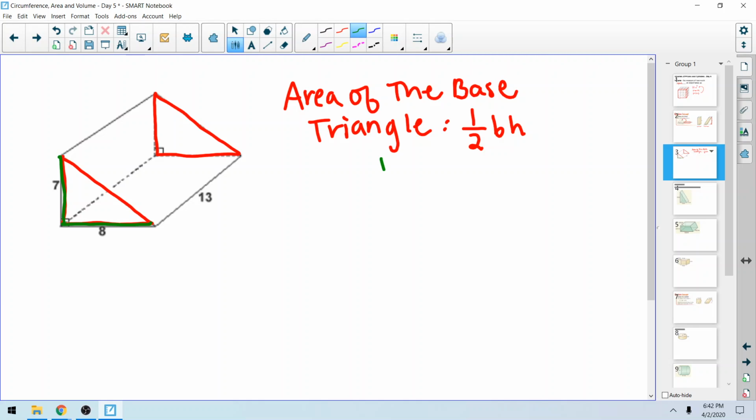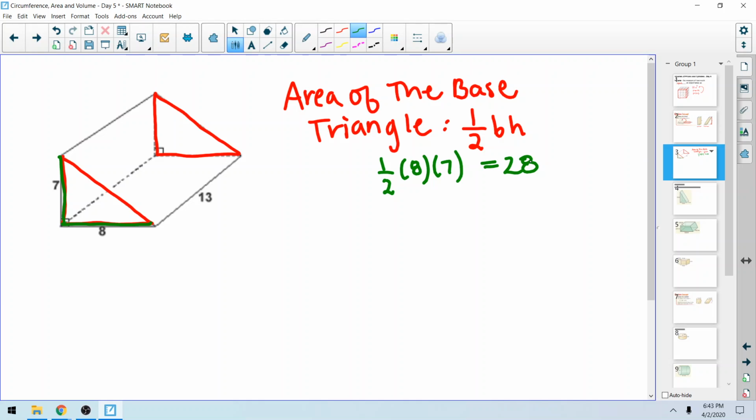So I'm going to do 1/2 times 8 times 7. Grab your calculator. 1/2 of 8 is 4 times 7. Wow, I am drawing a blank. What is that, 28? Okay, 4 times 7, yeah, 28. So the area of the triangle is 28.